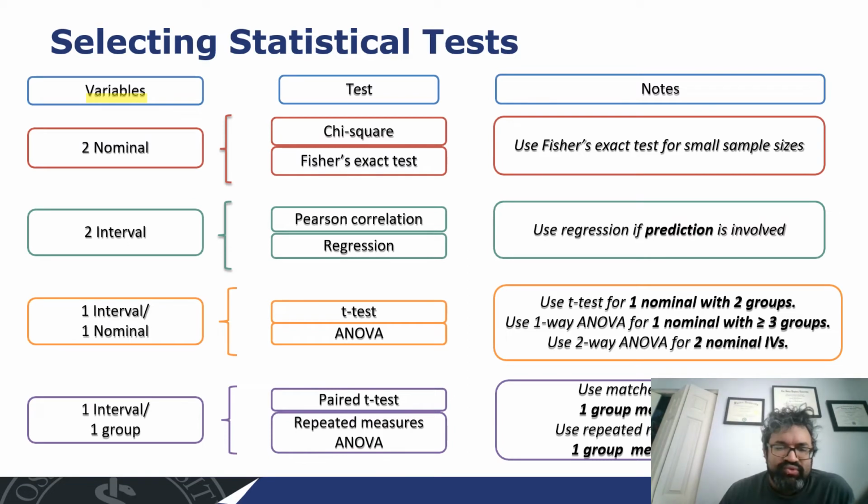When you have two interval variables, what do you do? Well, you have a couple of choices. One is doing that Pearson correlation, seeing the R and seeing that straight line. The second option is you can conduct a regression analysis. Even if you have a continuous dependent or outcome variable and a continuous independent variable, you can easily conduct a multiple regression, even if some of your other variables are categorical.